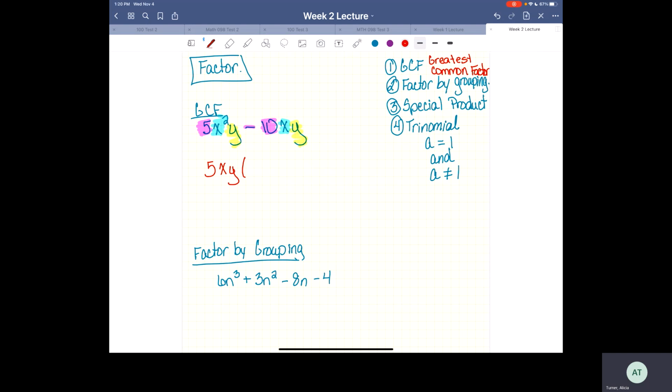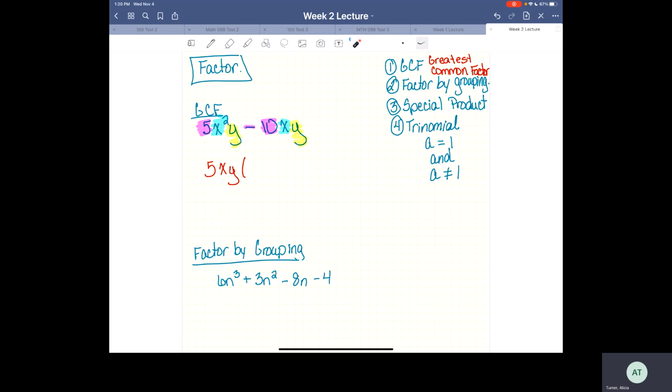You want to do numbers first, then variables. So I'm going to say 5 times what gives me 5. And that's just 5 times 1. So I don't have to write that 1 down. I certainly could write it down, but I don't have to. So 5 times 1 gives me 5.